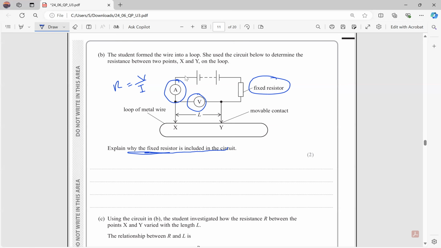A low resistance will allow more current, increasing the speed of the fan. So there's no fan here. That was just an example, but over here we are just using the resistor to control the current. So it is there to control the current.